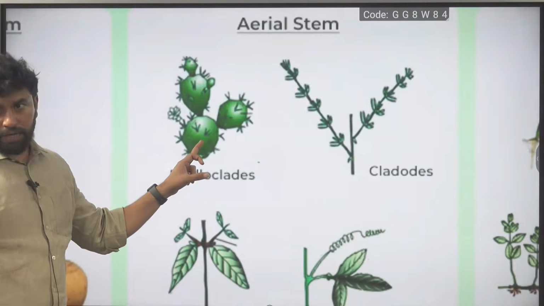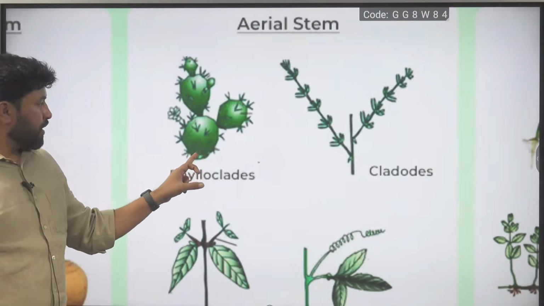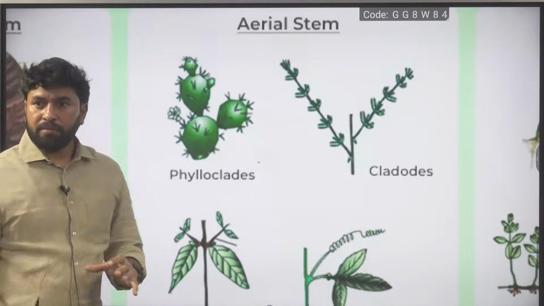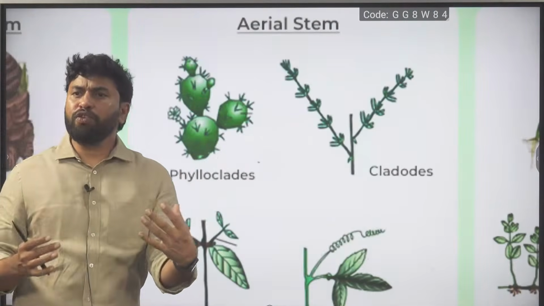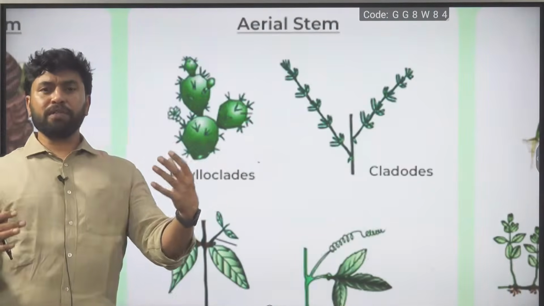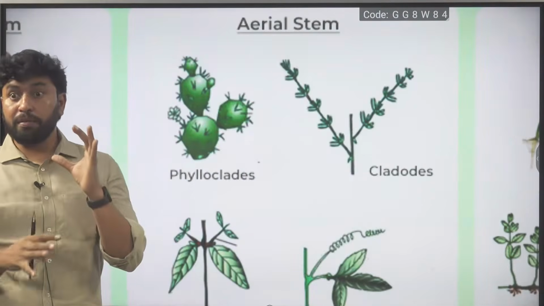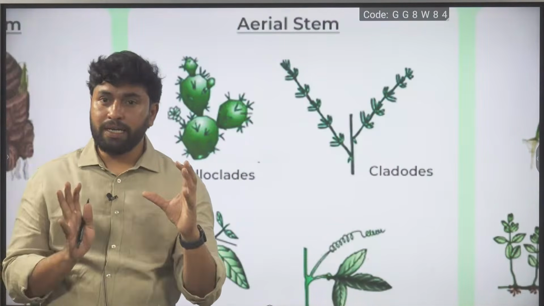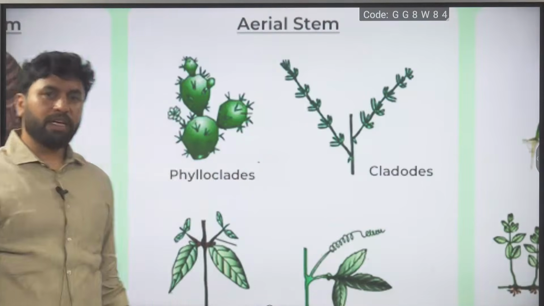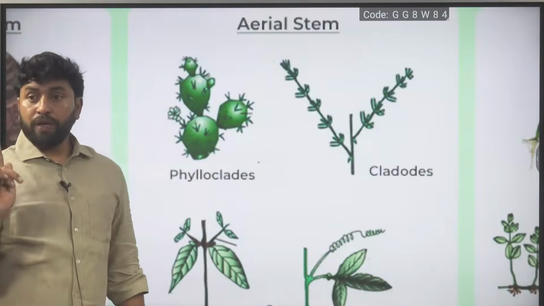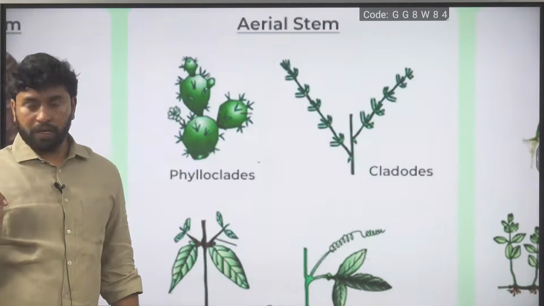Opuntia I have taken here. In Opuntia, the entire stem becomes flat and green. In case of Euphorbiaceae members, the stem is cylindrical, but that stem also becomes completely green and is able to perform photosynthesis. Such kinds of stems we call phylloclades. Is it okay?